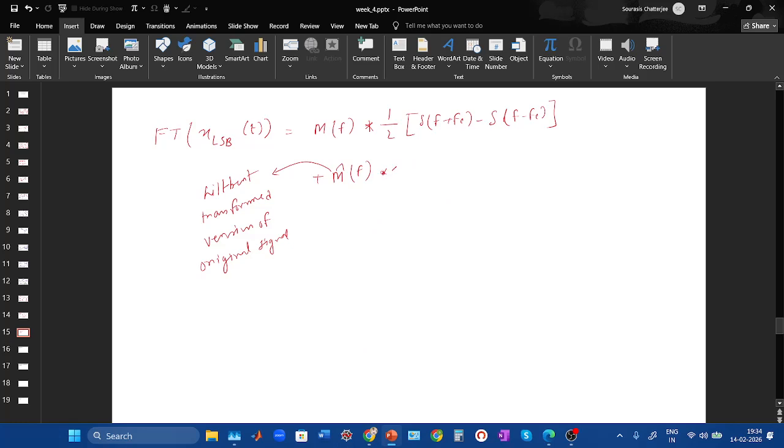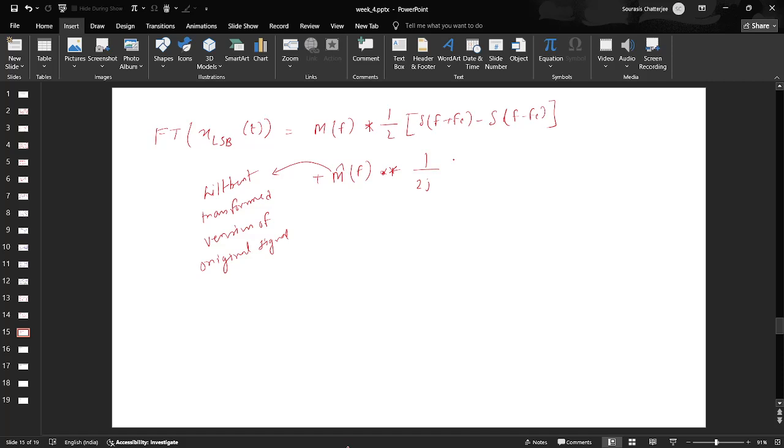Convolution with 1 over 2j [δ(f+fc) − δ(f−fc)]. Now remember this term is nothing but −j M(f) sin f, right? So from here we get 1 over 2 [M(f−fc) + M(f+fc)], right?